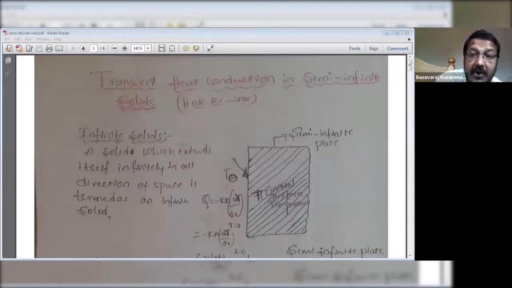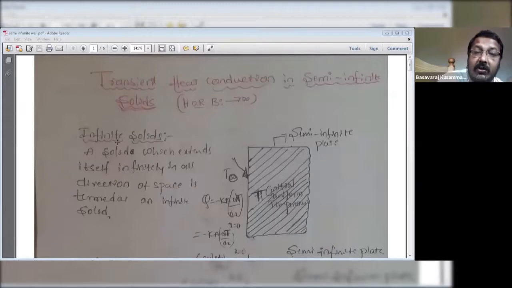If the pipes are underground, how do we calculate the transient heat conduction? How do we measure the temperature if the solid is beneath the ground? That is called transient heat conduction in a semi-infinite solid, where the Biot number tends to infinity.